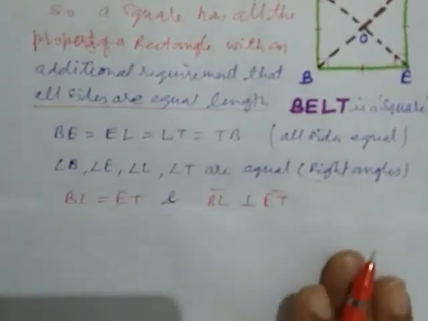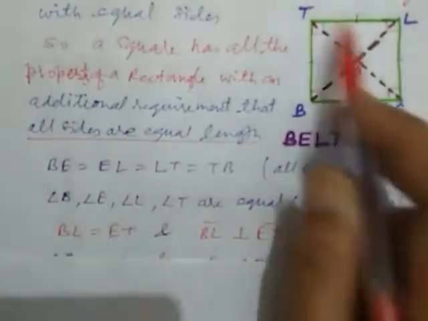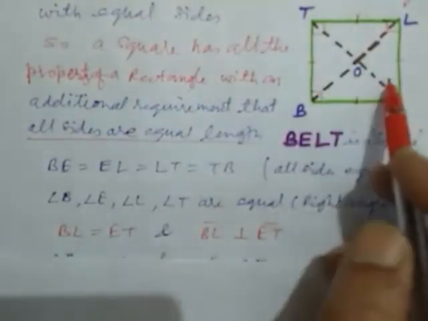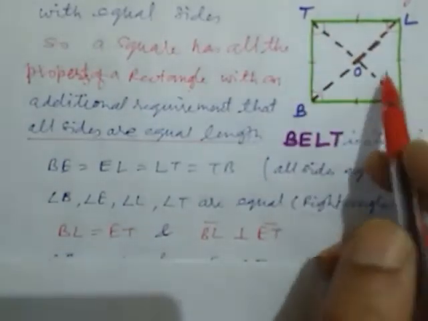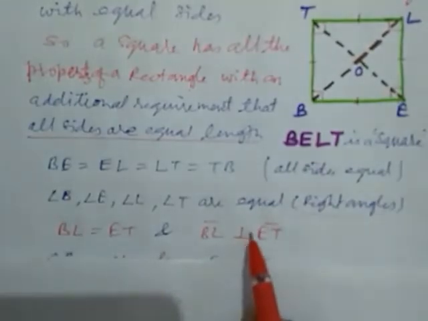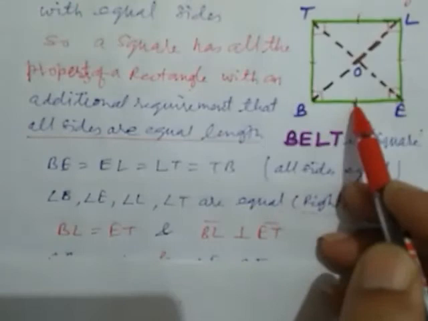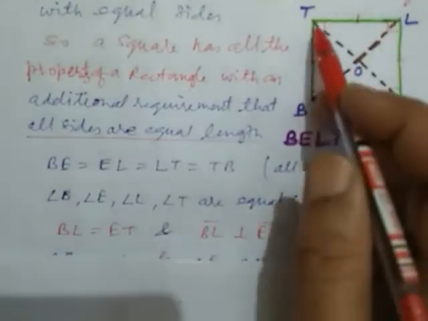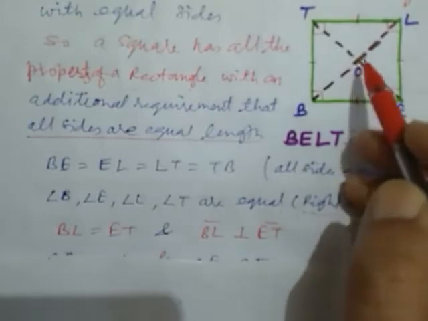Okay. So with the help of this, BL equal to ET, both the diagonals are equal, because this is a rectangle, and all sides are equal. That's it, it becomes a square. And due to all sides being equal, the diagonals perpendicularly bisect each other as in a rhombus.